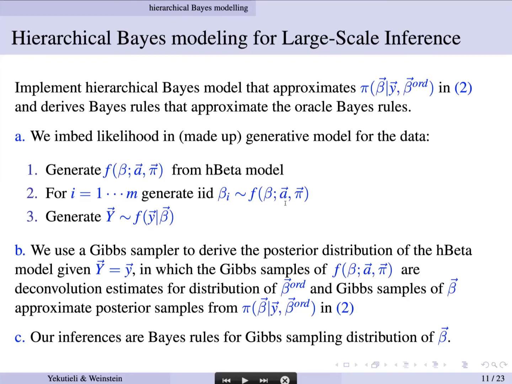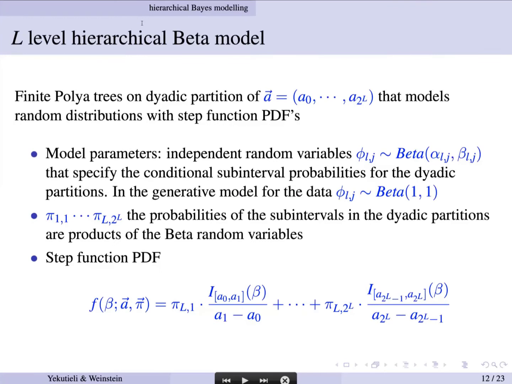So first of all, what is the hierarchical beta? This L-level hierarchical beta is just a finite Pólya tree on dyadic partitions of the support. I take the support I'm interested in and look at dyadic partitions of it. I cut it first, taking the entire support and cutting it into 2 parts, and then I take each part and cut it into 2 parts, etc., and keep doing it at L levels, okay?